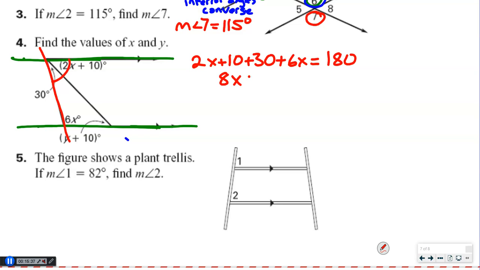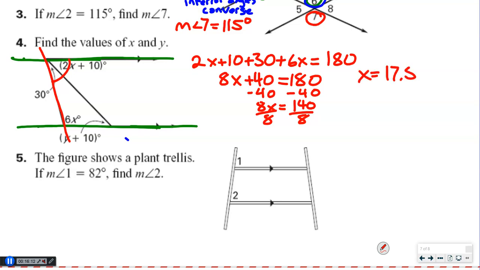We get 8x plus 40 equals 180. And then 140 divided by 8 gives us 17.5. So our x equals 17.5.